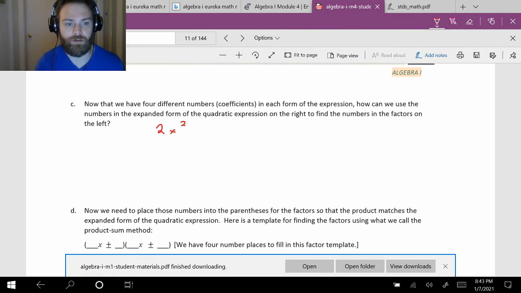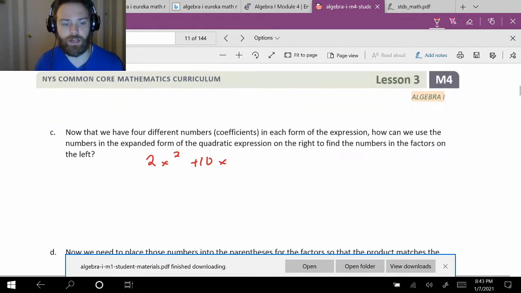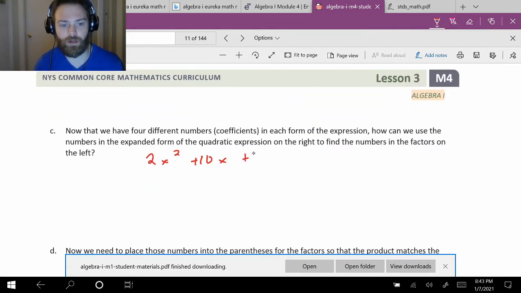So what we're going to do is take the first two terms, 2x squared plus 10x, and then 3x plus 15. And we're going to find the GCF from both pairs. 2x squared and 10x have two things in common. They're both divisible by 2, and then I can factor an x out. So I'm left with x plus 5.